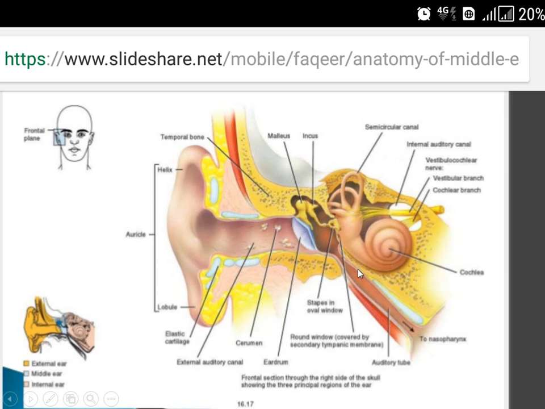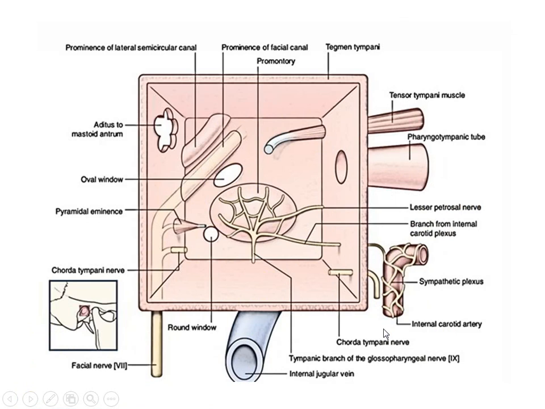It has a connection with the nasal cavity by a tube-like structure called the Eustachian tube, and it is attached to the muscle called tensor tympani. Tensor tympani muscle.